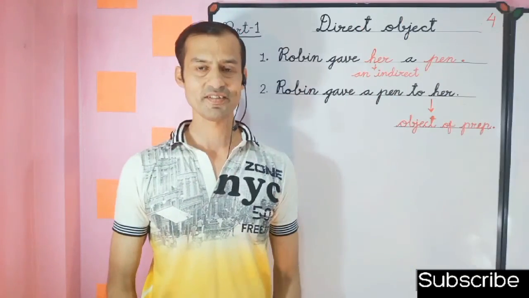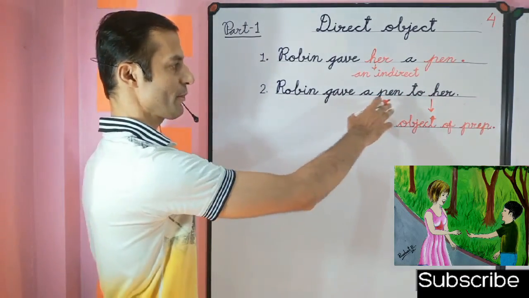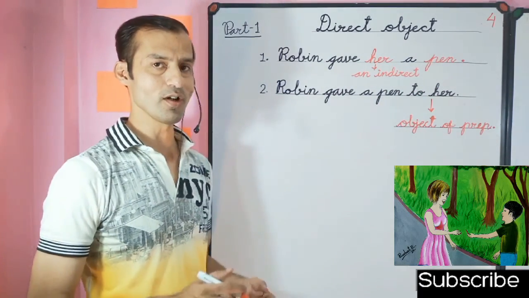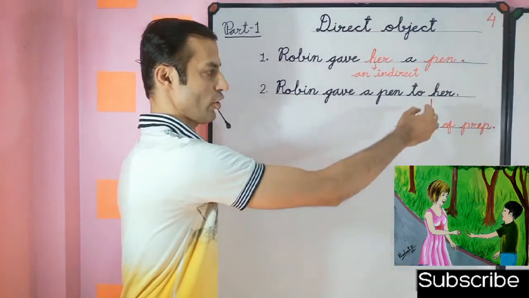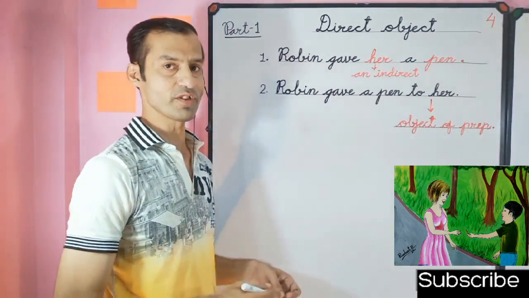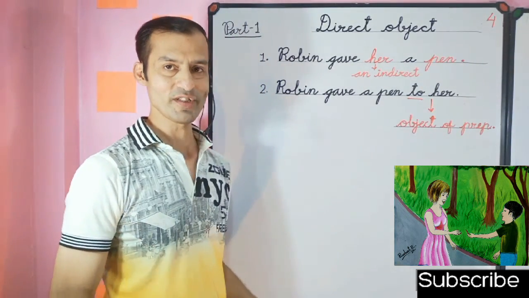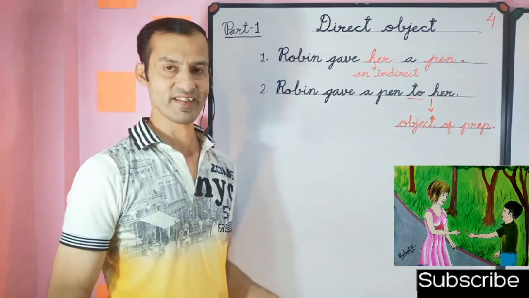And in the second sentence, Robin gave a pen to her. In this sentence, to her is the object of preposition, because it contains the preposition to. So this is called the object of preposition, meaning a prepositional phrase.